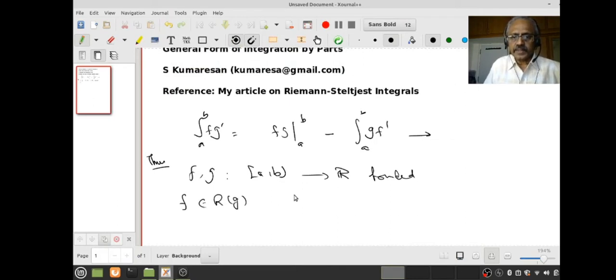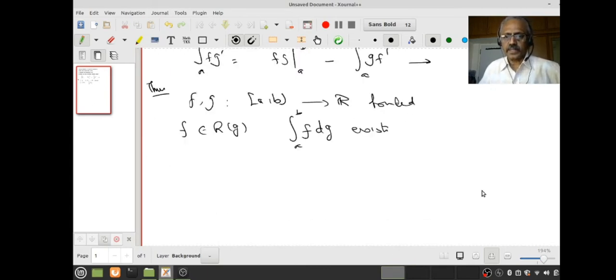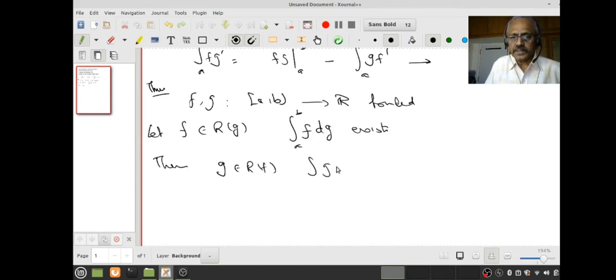What does it mean? The integral f dg, over a to b of course, makes sense, exists. This is the hypothesis. Then what we want to conclude is that g belongs to R of f. There is a symmetry, that is, the integral g df exists.